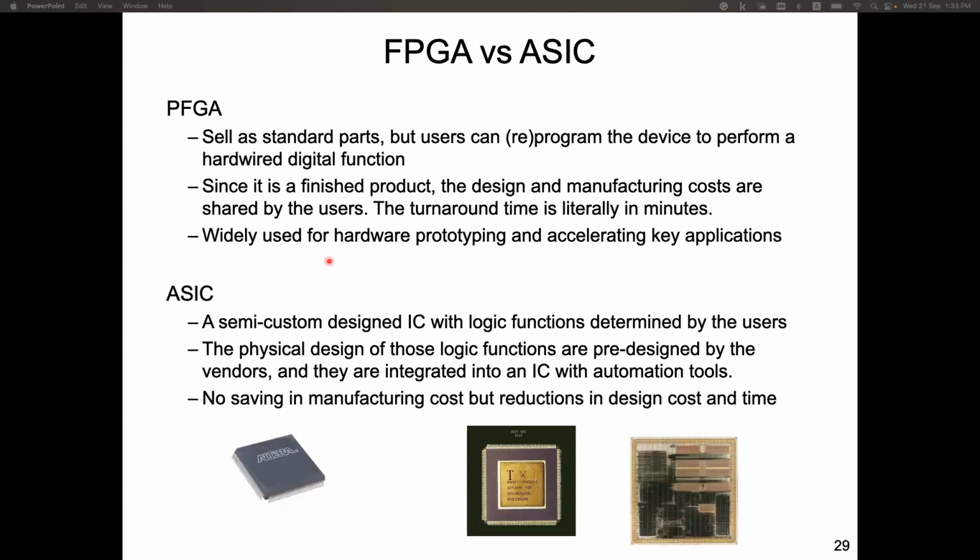FPGA is widely used for hardware prototyping and accelerating key functions. It is sometimes used before making an ASIC. An ASIC like this is a semi-customized IC with logic functions determined by the designers.